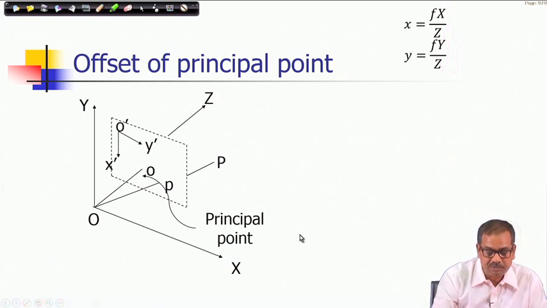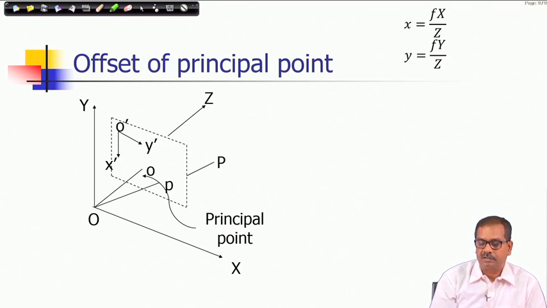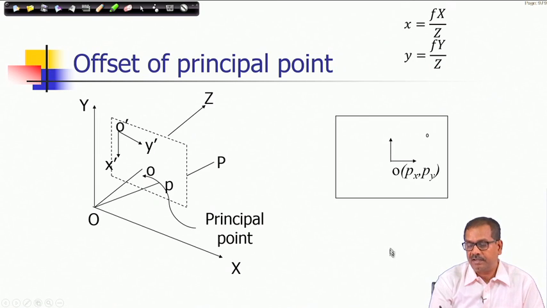Now, when we consider a different coordinate system, that means the origin may be shifted to some other point, but we may consider that our coordinate axes still remain parallel to the x axis and y axis.